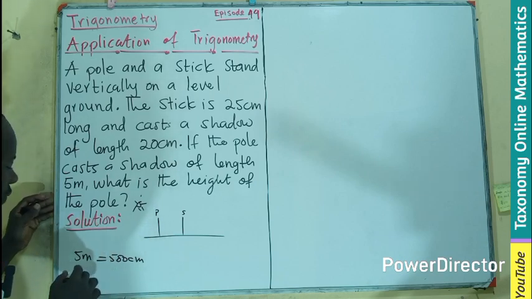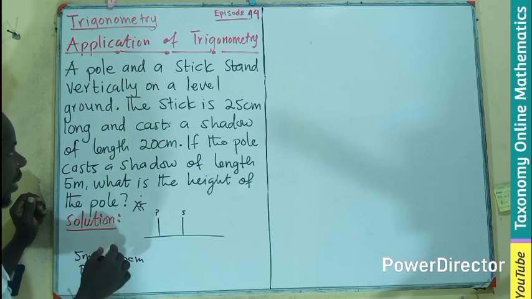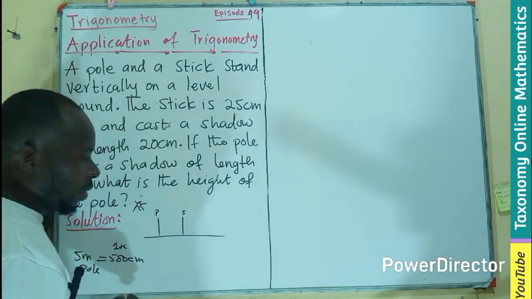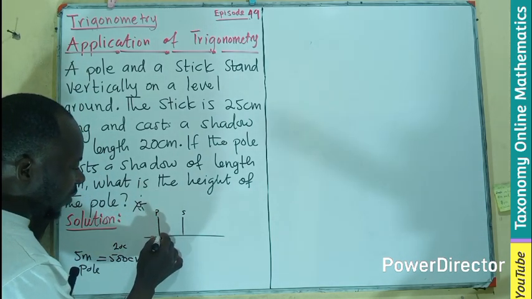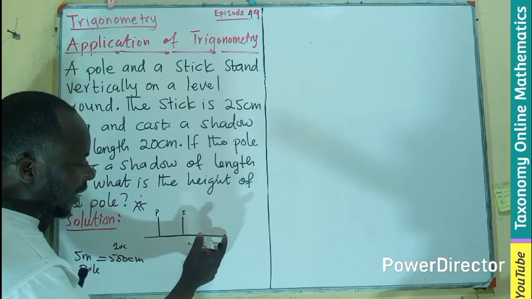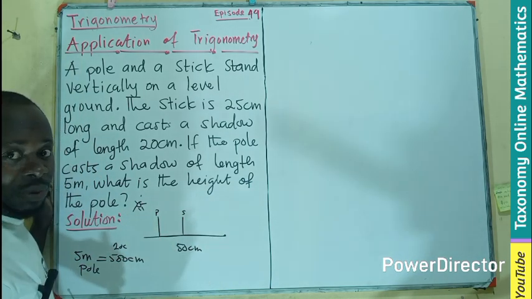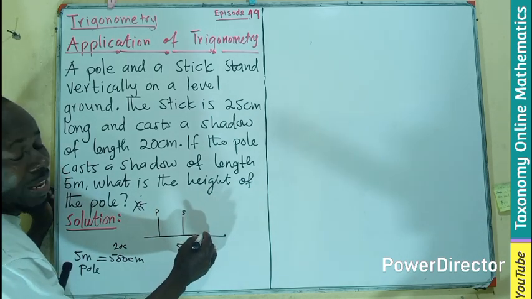So the pole will be longer than the stick, because the stick casts only a 20 centimeter shadow. If this is the 500 centimeters, then the stick will cast a shadow in a shorter direction.